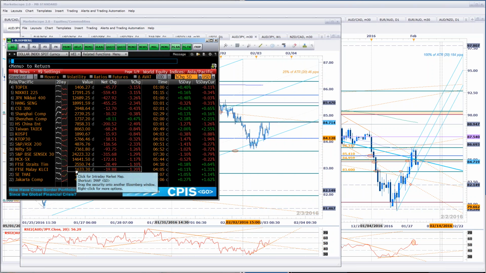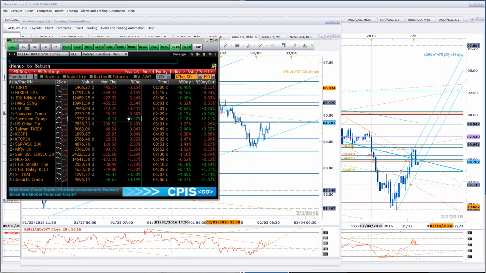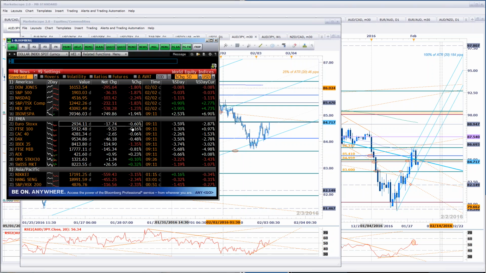You didn't see the steep losses that you saw in the back of yesterday's U.S. session, where the Dow was down almost 300 points, 295, excuse me, 1.8%. So you're seeing that Asia had a pretty heavy night. Shanghai, which is the major one everyone's looking at, was only down 0.38%, but the Nikkei was down 3.15%. Looking at broader Europe, it's a mixed picture, mostly lower across the board.